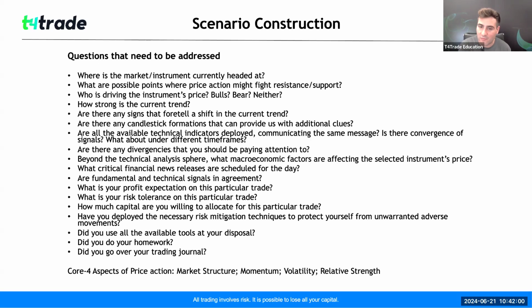Are we going to have a reversal? These are all things you need to add onto your rationale and your thinking when you do scenario construction. At least I try to anticipate what might happen. Or you can stay on the sidelines and wait for the fundamentals and the technicals to align once again and then place your trade. There are many ways of taking action upon the signals that are laid out in front of you.